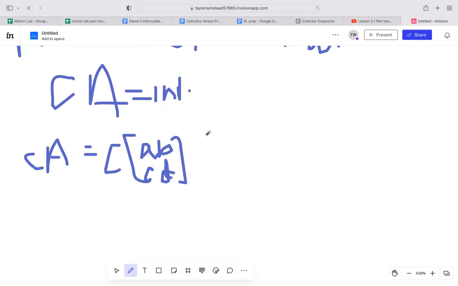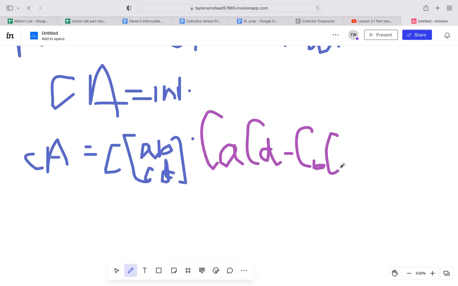So it might not be a 2x2, but we'd end up with the determinant of CA. Okay, so we'd end up with a determinant of CA times CD minus CB times CC. And that could not equal 0.